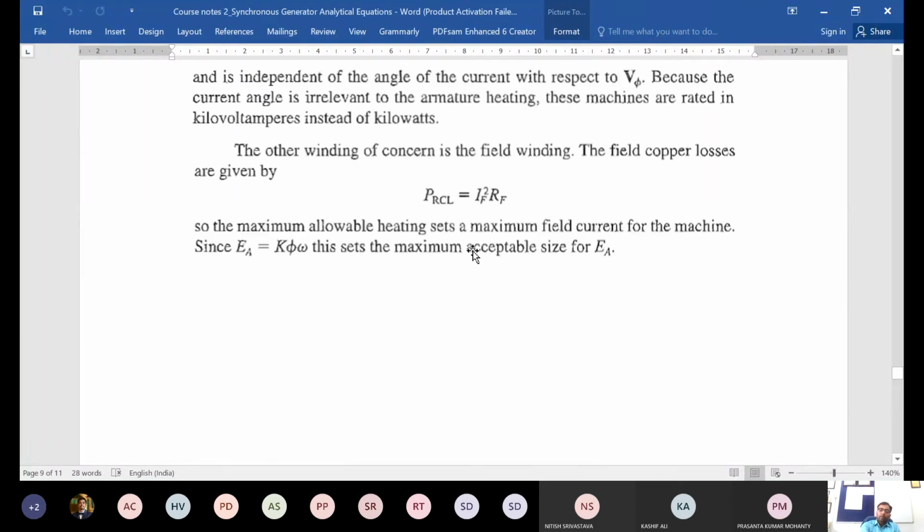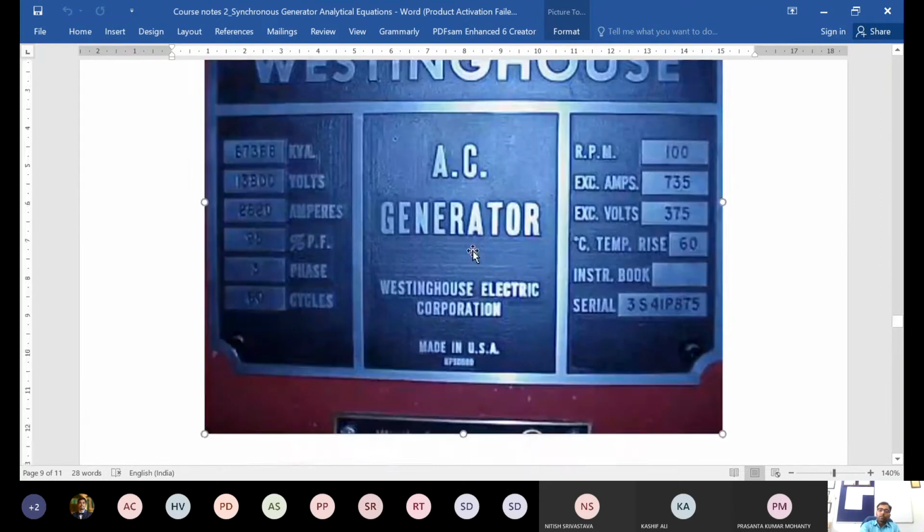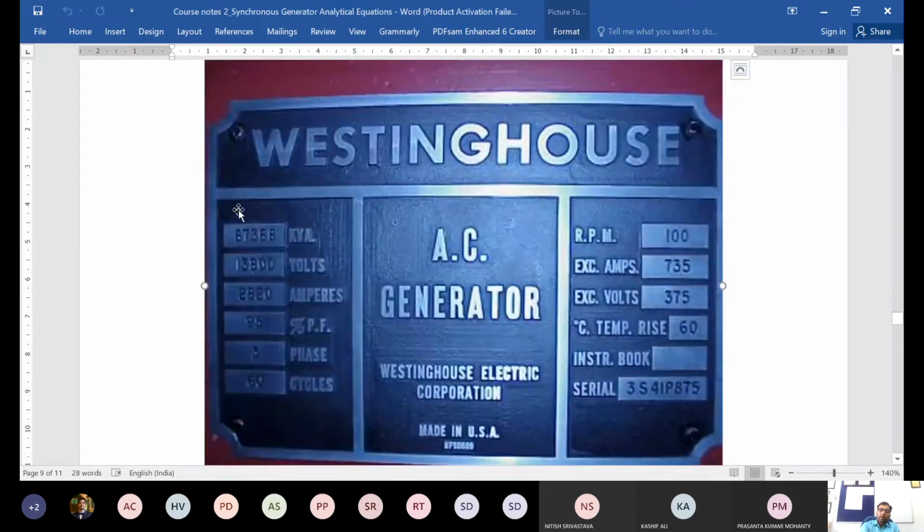As we have discussed just now, this kVA rating and the armature power factor rating are both limited due to the heating occurring in the armature windings, I square R losses, and I square R losses in the field winding. From basic principles of physics, heat dissipation is basically energy dissipation.